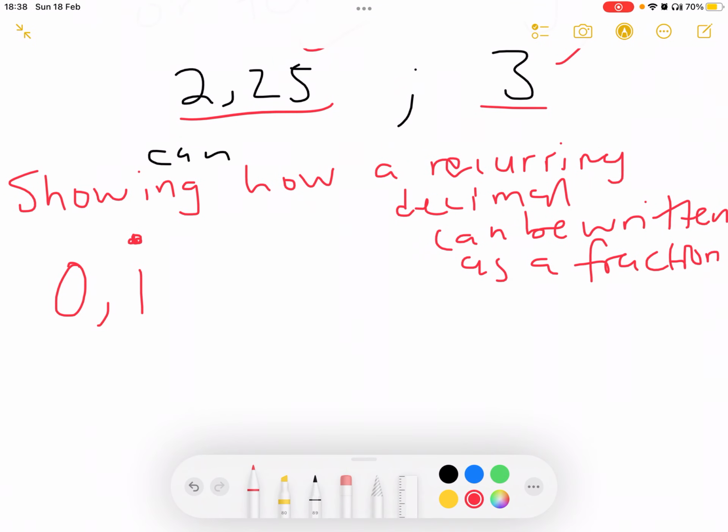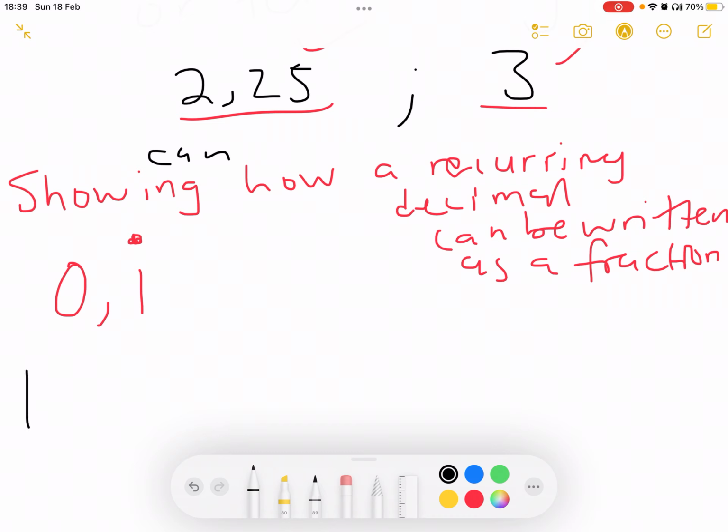We're back, showing how a recurring decimal can be written as a fraction for grade 10 mathematics. If we have a number like 0.1 with a dot over it, that dot signifies that this is recurring, a repeated pattern. So the first thing you need to do is rewrite this as a full recurring decimal.